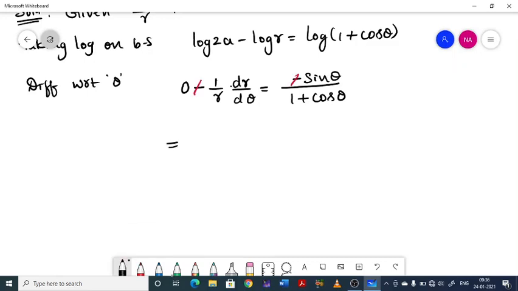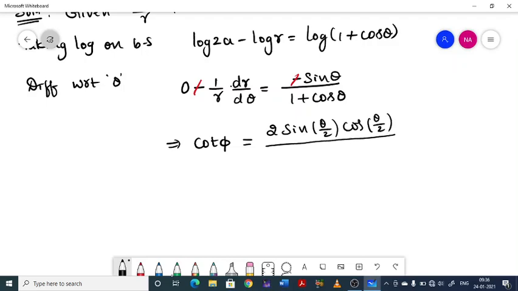We will be getting cot phi equal to... since it is a single curve, it is not necessary to write phi 1, phi 2. So cot phi equal to 2 sin of theta by 2 into cos of theta by 2 divided by 2 cos square of theta by 2, right?